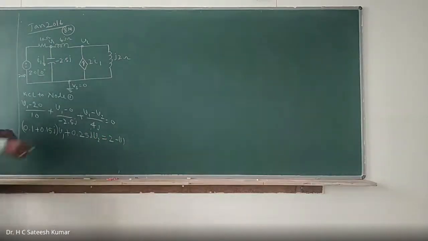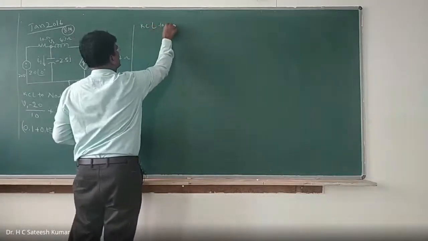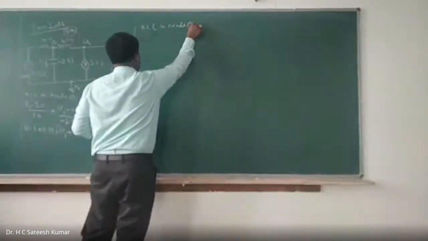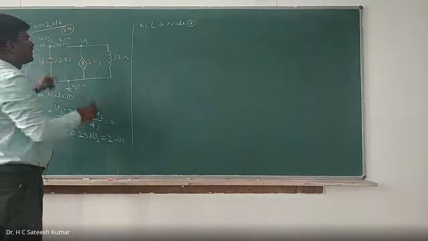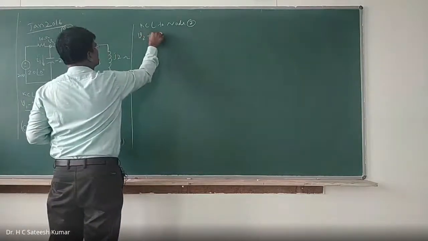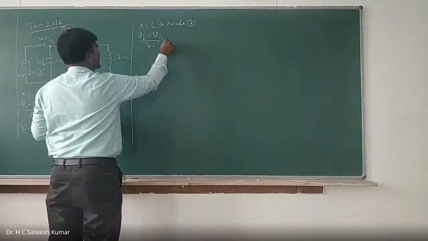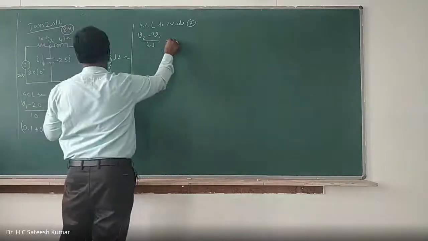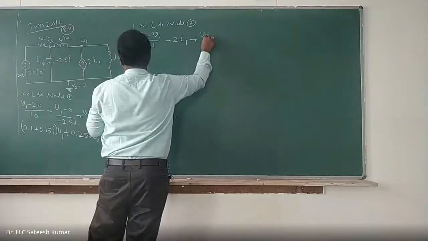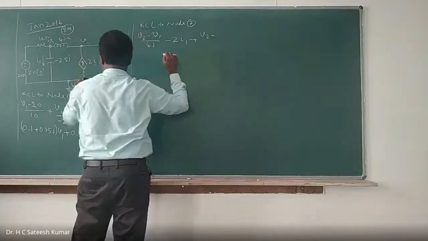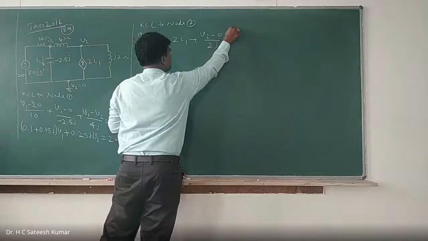Now KCL to node 2. If you apply KCL to node 2, what do we have? V2 minus V1 divided by 4j, and current is entering, minus 2I1, plus V2 minus 0 divided by 2j, is equal to 0.